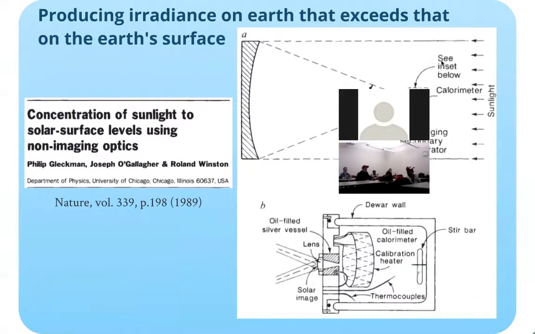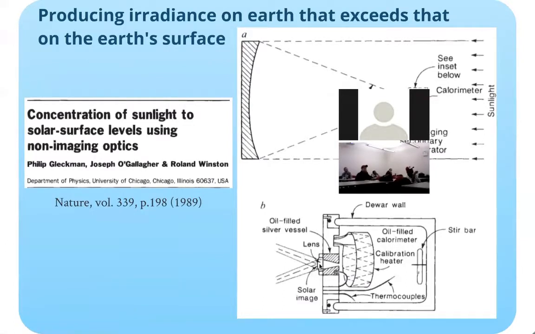So their system is shown here, which is of interest to us. Sunlight comes in. They had a reflective mirror here, a mirror lens, which focuses. And then they have a secondary non-imaging concentrator down here, which is not really shown in detail, but you can think about it like a CPC. It's shown as a lens here.